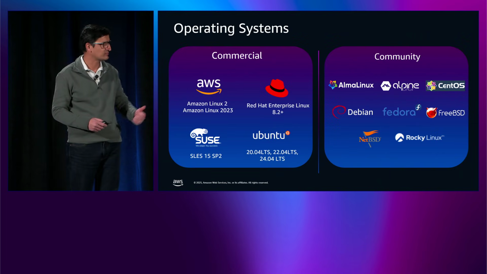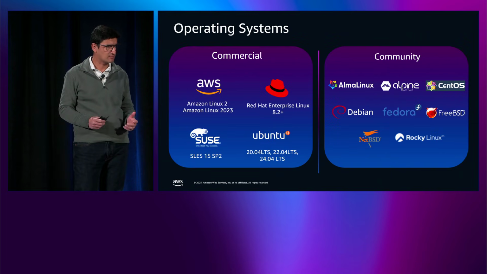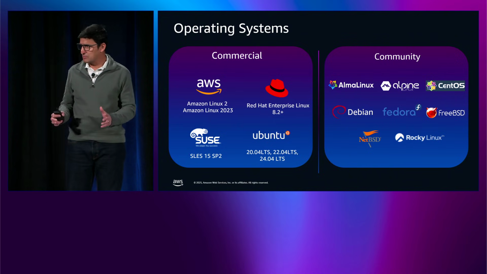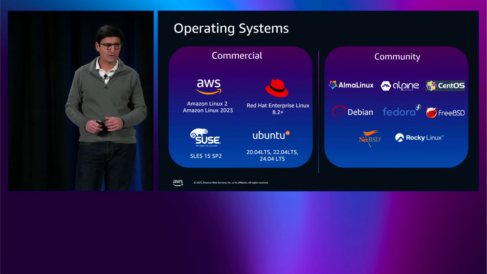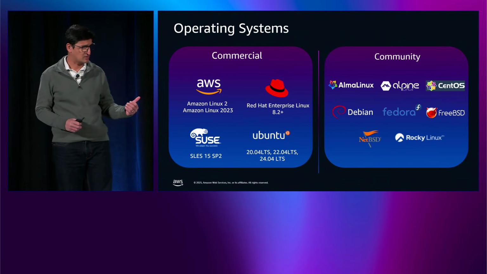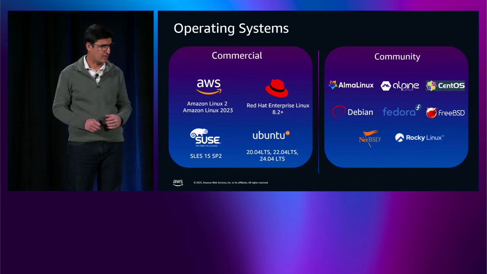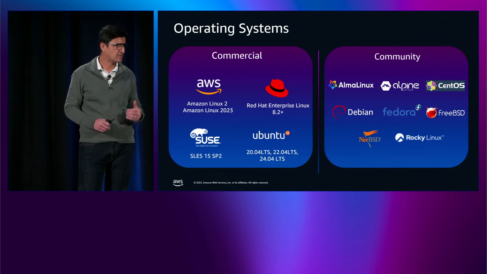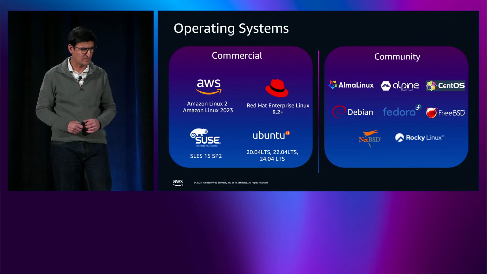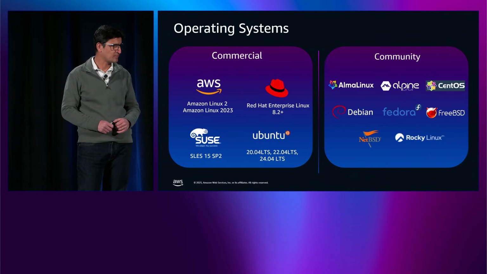Let's start with software. If you look at the operating systems that are available in the market today, the majority of mainstream Linux operating systems run on Graviton, whether it's commercially available ones like Amazon Linux 2023, Red Hat, SUSE, Ubuntu, or even community Linux operating systems like Alma Linux and Alpine.